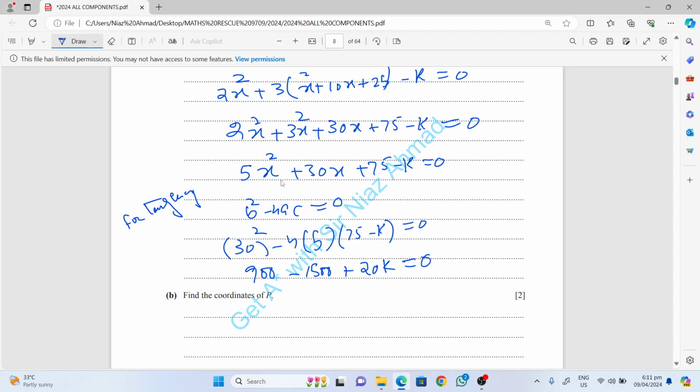So 900 minus 1500, the difference is minus 600. So 20k equals 600, and k equals 600 divided by 20. So k is 30. The value for k is 30.